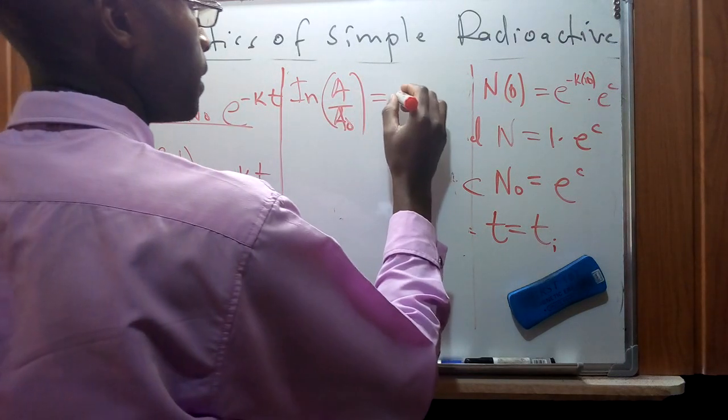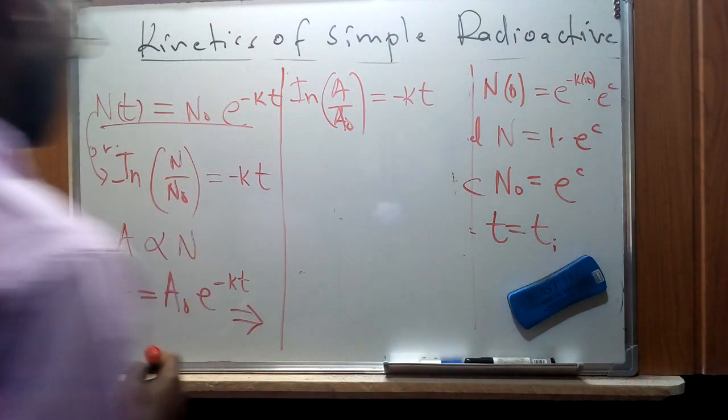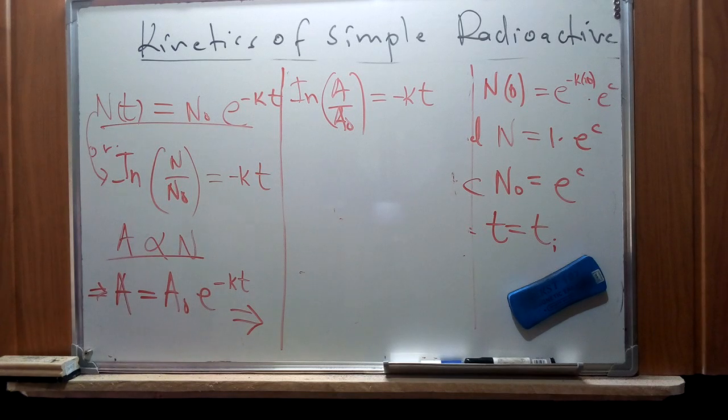equals negative kt. Now, the number of disintegrations, or the rate of decay, is equivalent to the number of nuclei present.